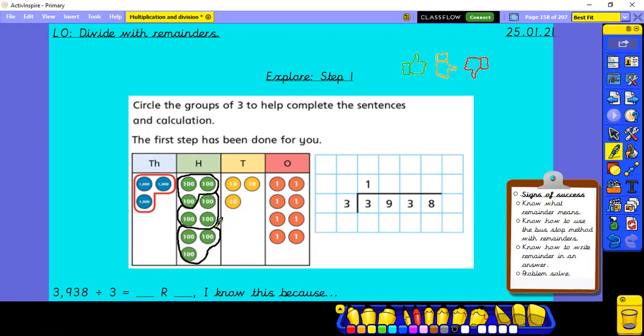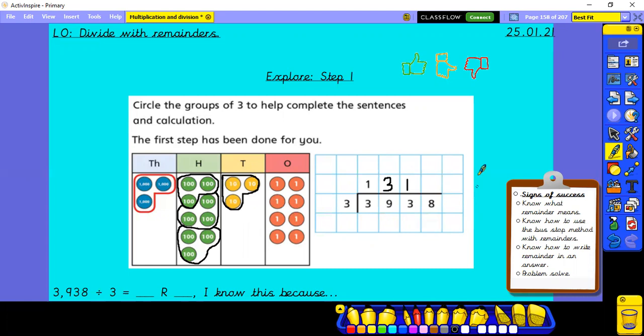So we have 3 groups in the hundreds column, so I can put my 3 above my bus stop. Okay, and now onto the tens column. I've got 3 counters in my tens column, so I can group them together and know that my answer will be 1 because I have 1 group of 3.